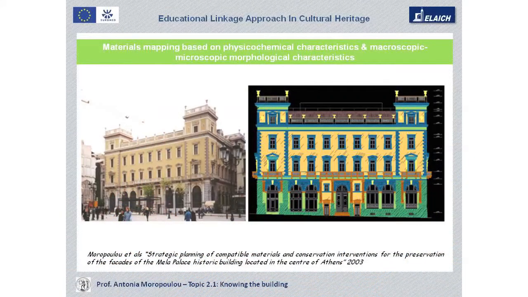The materials mapping, including physicochemical characteristics and macroscopic and microscopic morphological characteristics, might be presented as rendered through false colors like here.